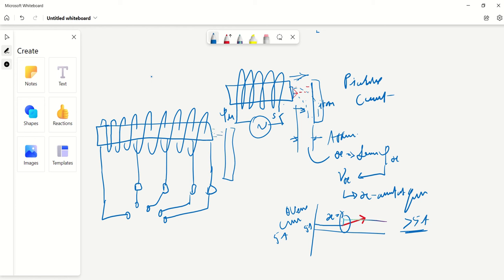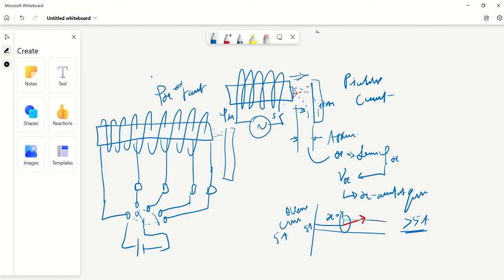Whenever the positive and negative supply is given to the system, connecting across the overall winding, this is the point. Depending on the change of this point, the flux produced, psi of x, changes with the number of turns wound in the coil.